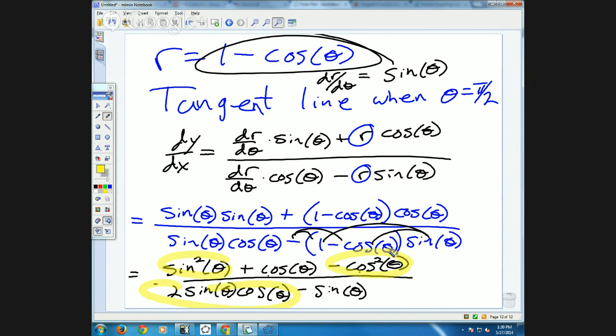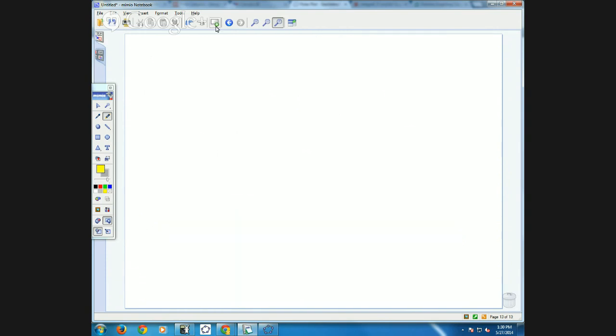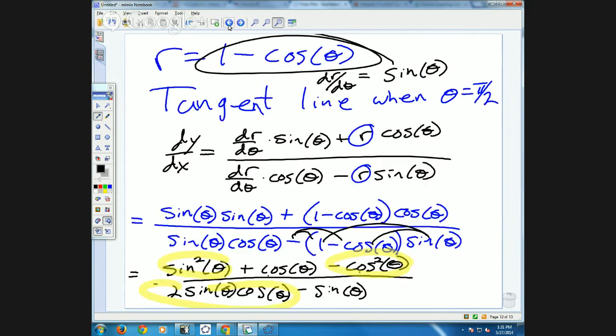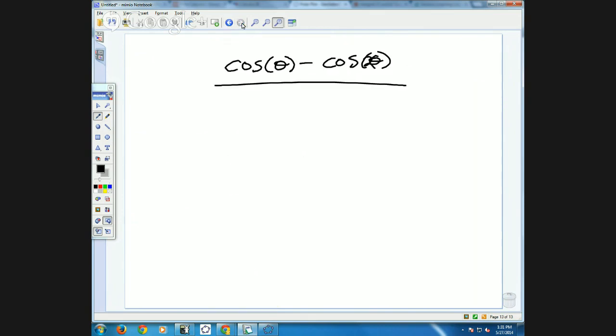So if I rewrite it that way, I could say the numerator is the cosine of theta minus the cosine of 2 theta, and the denominator is the sine of 2 theta minus the sine of theta. I mean, it's just easier to write. It doesn't make things any better, I don't think.